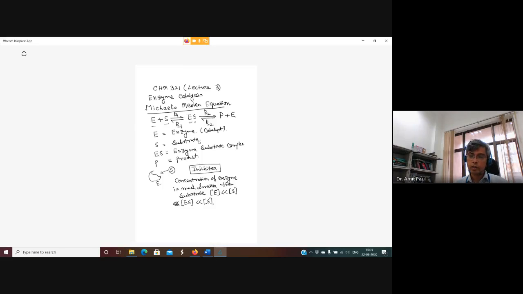That will also be true, that substrate concentration will be much higher than the enzyme substrate complex. Okay, so ES is basically an intermediate, right?